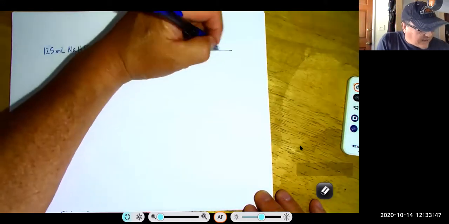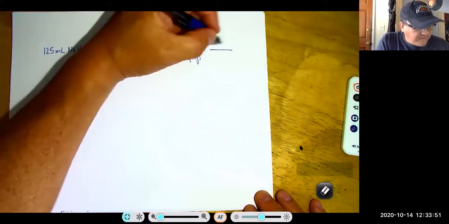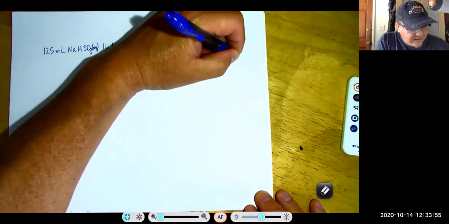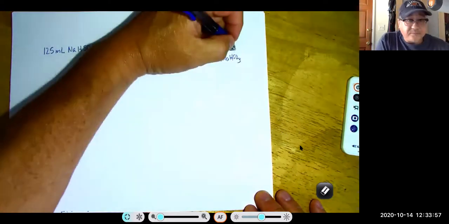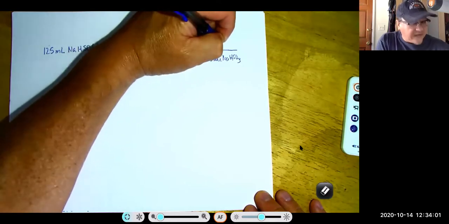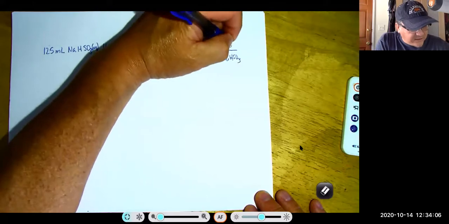And then times 5 mole of sodium hydrogen sulfite per 4 mole. And actually, I'm going to do this per 1 mole of I2.